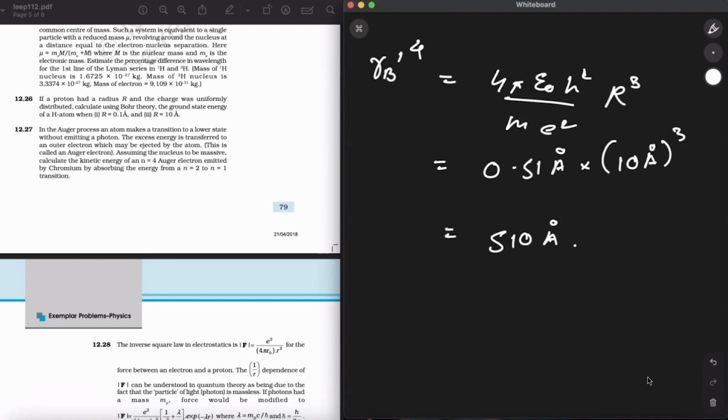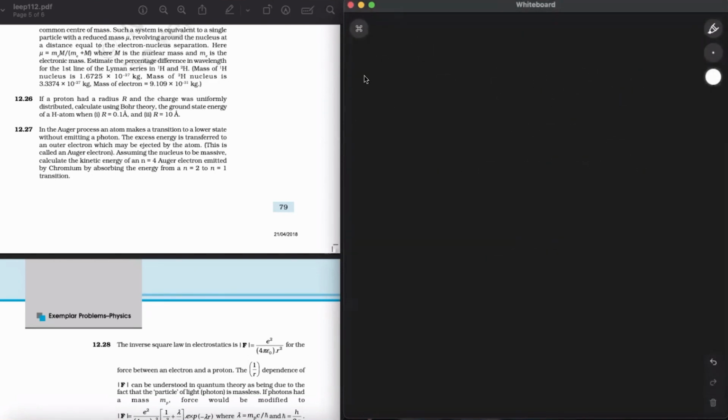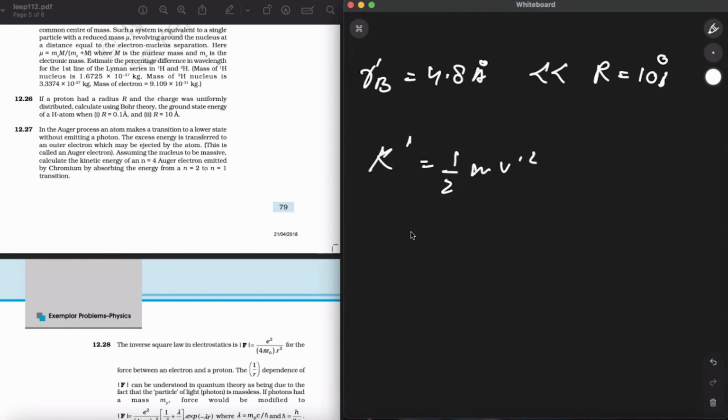Now for the second part, r dash b is equal to 4.8 angstrom, which is less than r equal to 10 angstrom. So kinetic energy, first of all, k dash will be equal to half m v dash square.